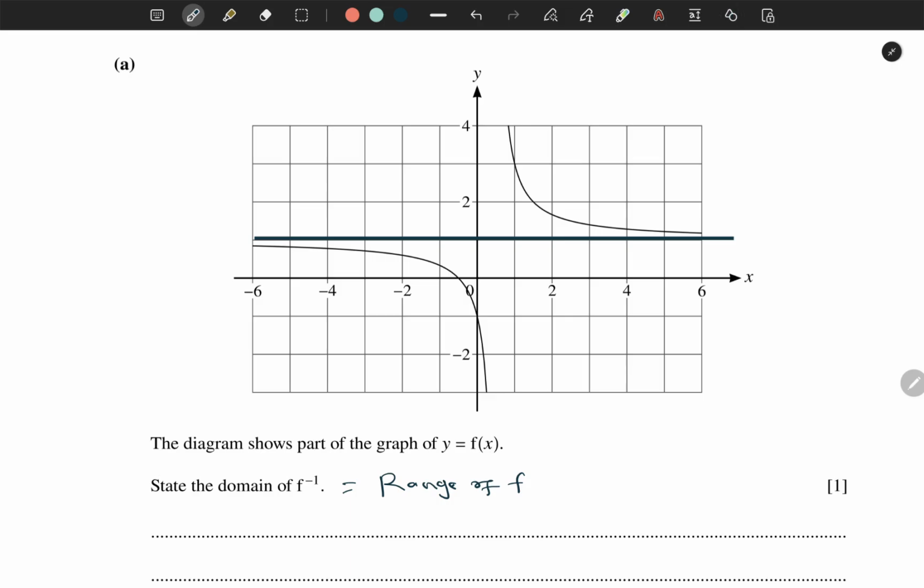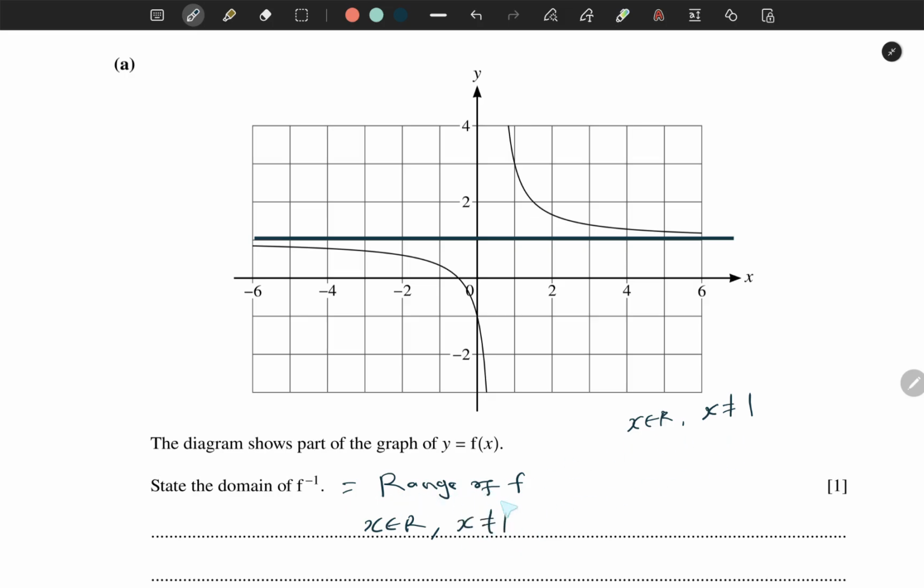That is, the range of f now is the set of real numbers but not equal to what? Not equal to 1. I'm using x here because we are talking about the domain of f inverse. Like I've said, the range of f is the same thing as the domain of f inverse. So the domain of f inverse is the set of real numbers but not equal to 1.